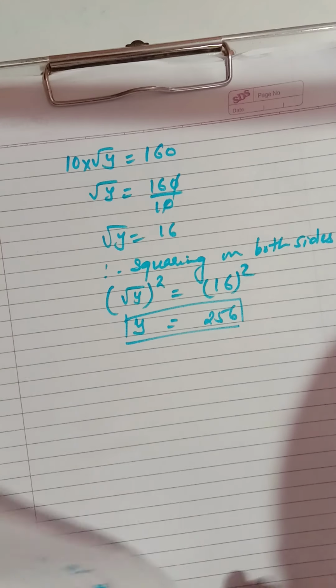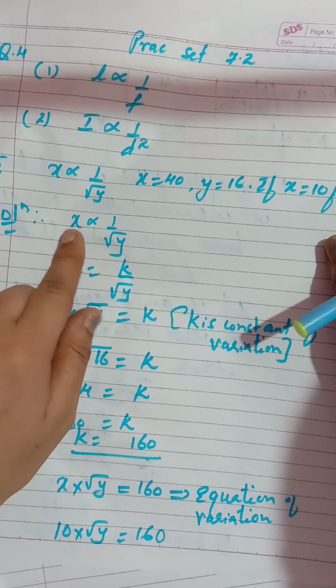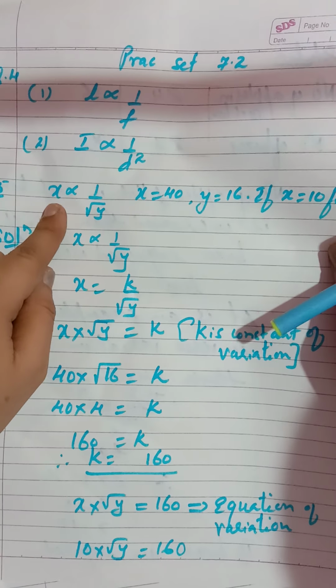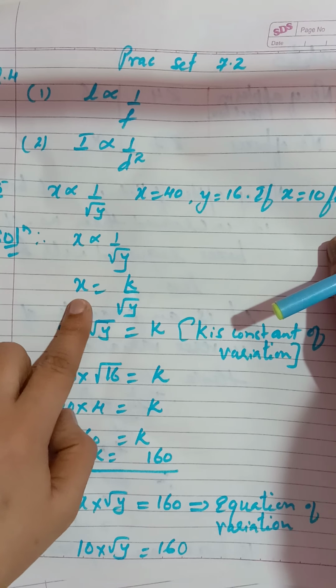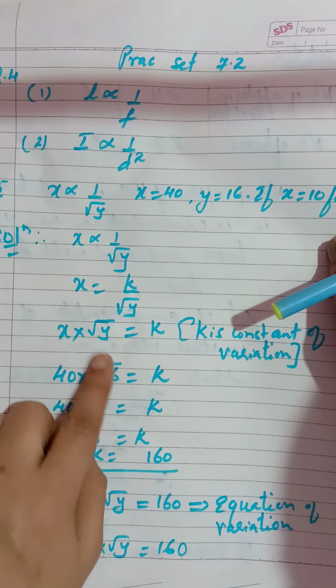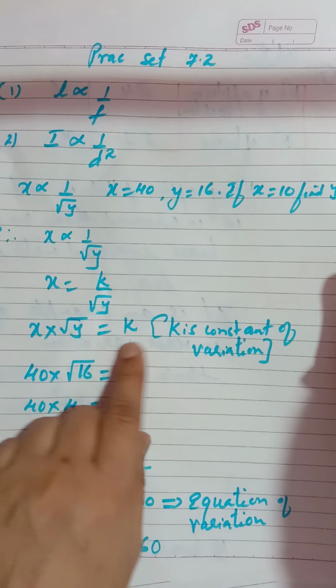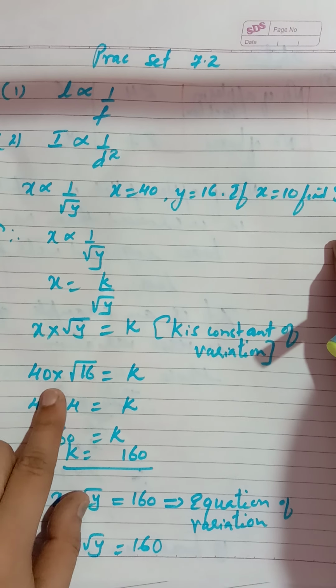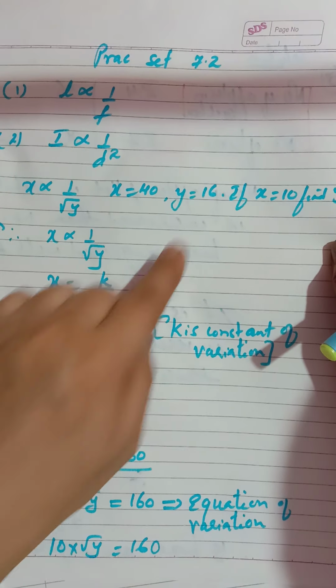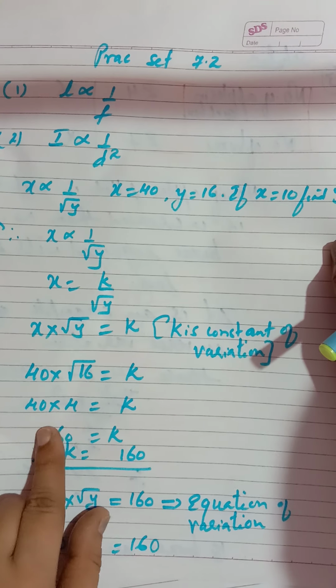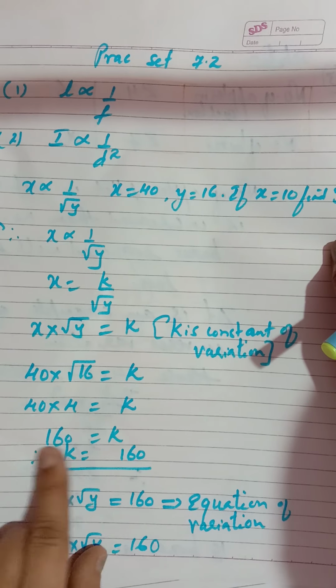So I hope, children, you have understood. The first step is very important: you start with what is given. x is inversely proportional to root y, so x is k upon root y. Cross multiplication, x into root y is equal to k. K is the constant of variation. x is 40 and y is 16. Substitute the values and you get the value of k, that is 160.